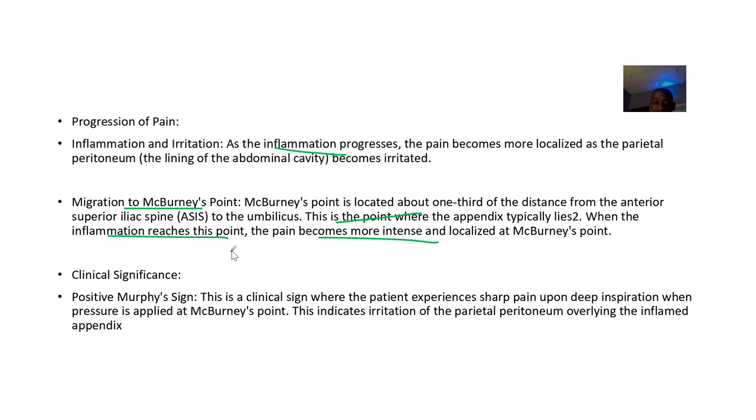The clinical significance is that this is a clinical sign where the patient experiences sharp pain upon deep inspiration when pressure is applied at McBurney's point. This indicates irritation of the parietal peritoneum overlying the inflamed appendix.